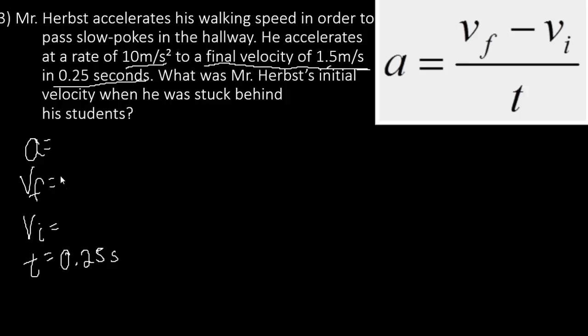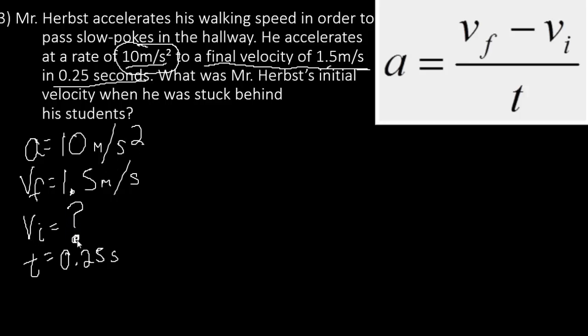So we know that we are given VF, which is 1.5 meters per second. Then we're given this number right here. Once again, when we're given meters per second squared, that should be screaming at you that that is an example of an acceleration. So we're given A, which is 10 meters per second squared. So the thing that we do not know, the thing that we are solving for in this problem is VI.